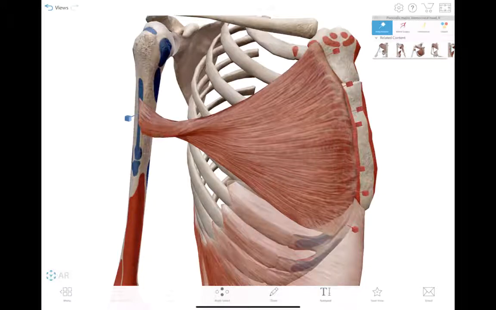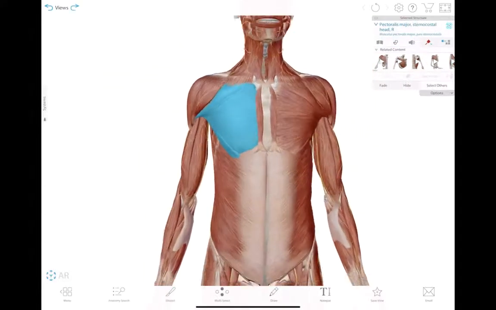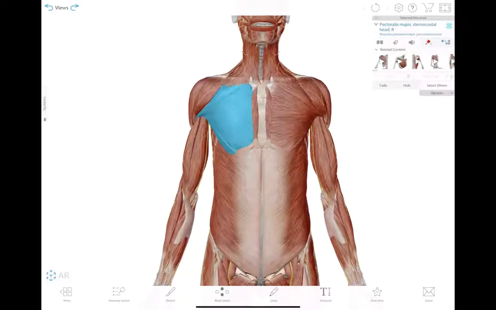So now it makes sense why it would rotate the shoulder when it contracts, and it would adduct the arm, as well as causing flexion. It's attaching to the front of the humerus, so it would pull that humerus forward. So you could do that for the different muscles.